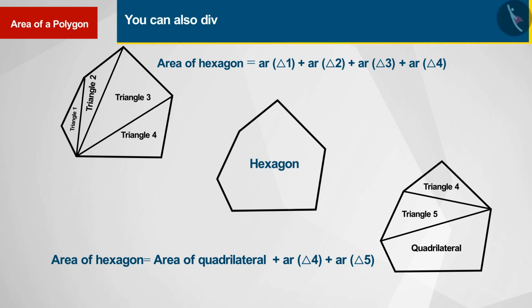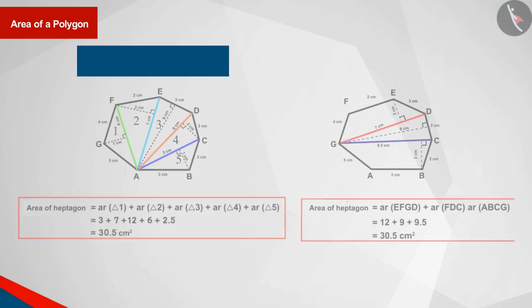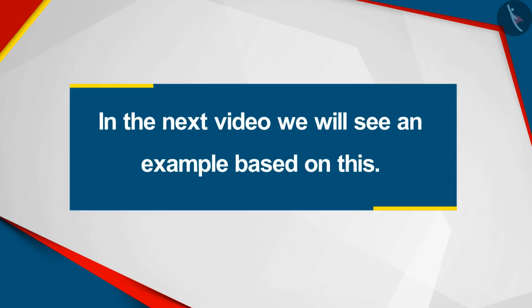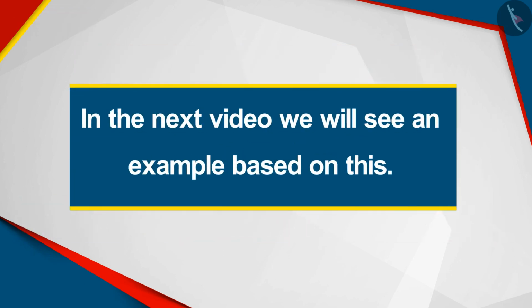You can also divide the hexagon in another position and find its area. Today in this video, we learned to find the area of a polygon. In the next video, we will see an example based on this.